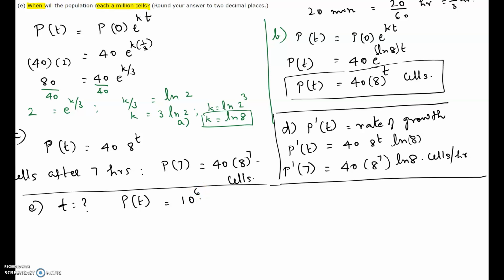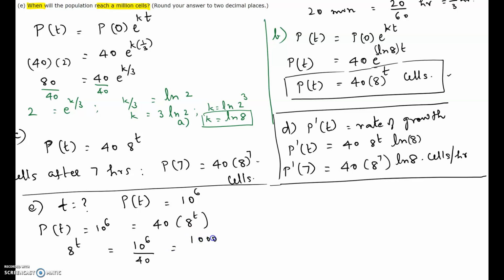So now we are going to set P of t to 10 to the power of 6. So P of t, which is equal to 10 to the power 6, equals 40 times 8 to the power t from part B. Now we are going to solve for t. So 8 to the power t equals 10 to the power 6 over 40.